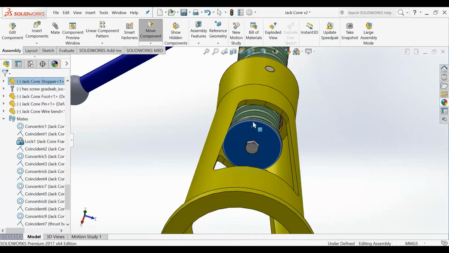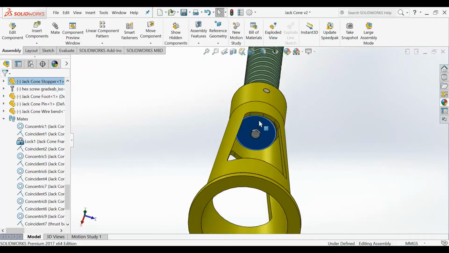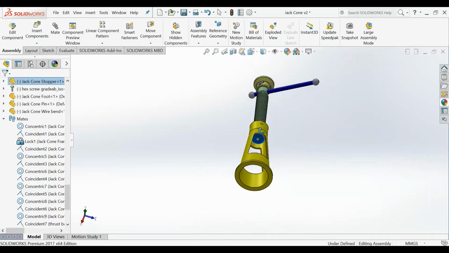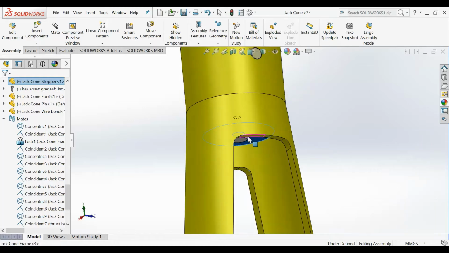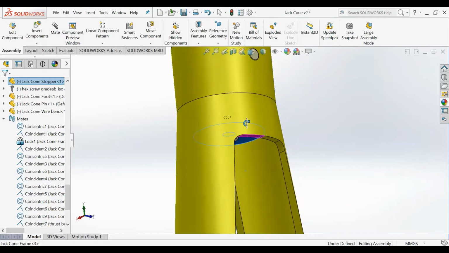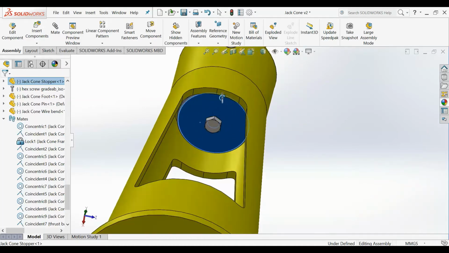So we should fix it in the highest position. This is a stopper. Also, we have a lot of variants of how to fix it, how to make it.